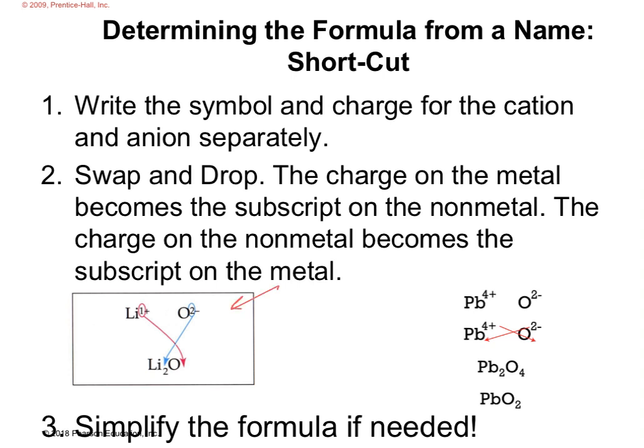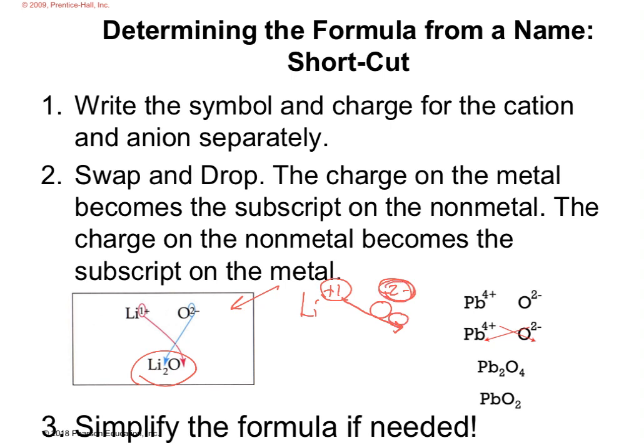As you can see here, if I asked you to write the formula for lithium oxide, it's probably intuitive to quite a few of you that it's going to be Li2O. But a way to do it quickly, especially if it's not intuitive, is you take the charge on one of the ions, and the magnitude of that charge becomes a subscript on the other ion.